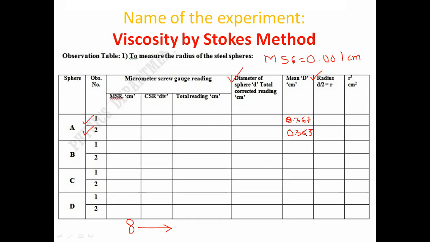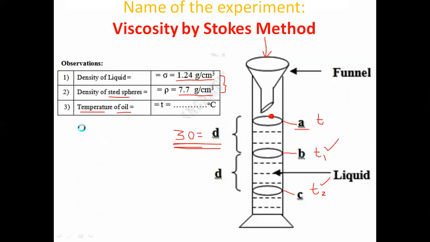So there is a gap of 0.004 centimeter between the diameters. So roughly the diameter of these two spheres is similar. So from these two values you will get the radius and r square. So for A1 and A2 you will get different times.